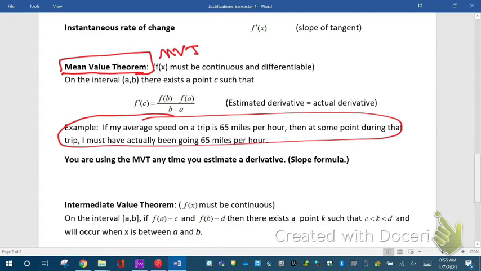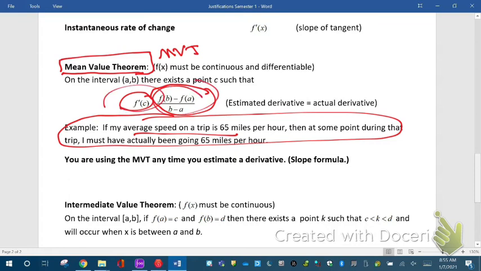If you have to do something with it and you're solving a problem, it basically means your estimated derivative, average speed, has to equal your actual derivative, what's on my speedometer, at any given time. Okay, I think for mean value theorem, I always just think of it as estimated derivative equals actual derivative.